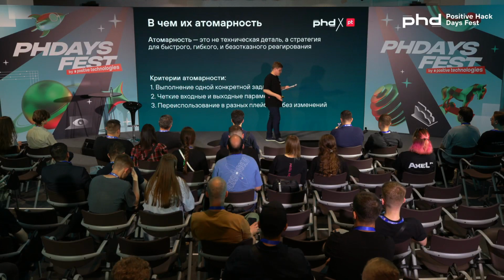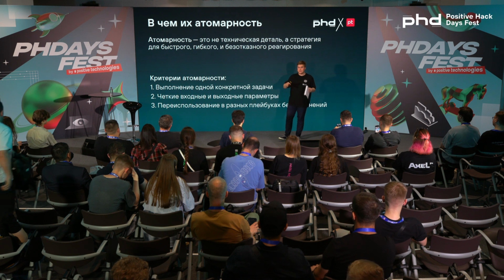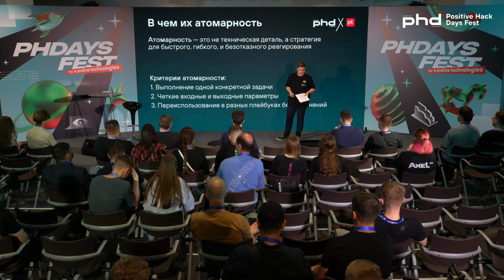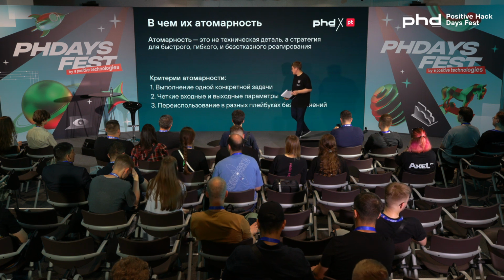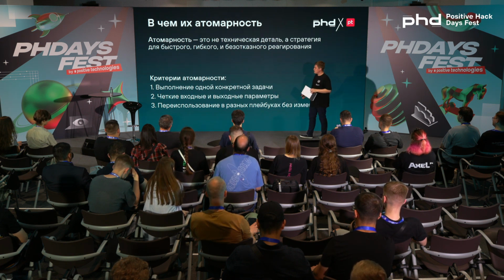Number one, the task is the simplest, it cannot be further split up or divided. A work process has very clear input and output data, so either a mistake or a result, and it can be reused in different playbooks without any changes. So it means that basically it's self-sufficient, it does not depend on any earlier steps taken.